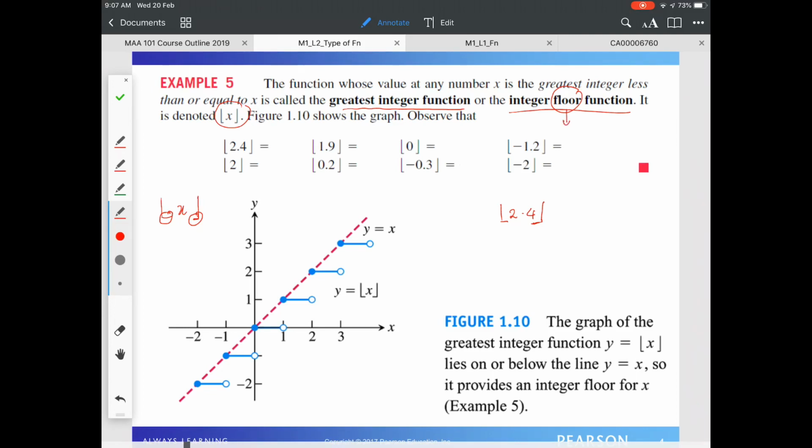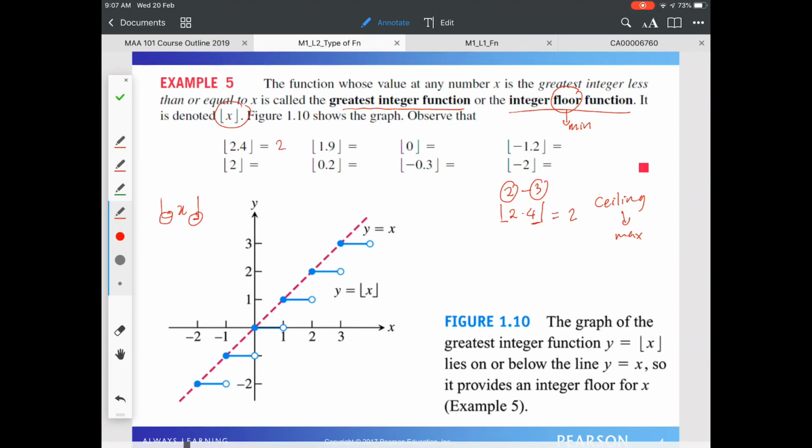Remember, floor is minimum, as opposed to ceiling, which is the maximum. Floor means that we are considering integers. So 2.4 is between 2 and 3. The minimum is 2 and the maximum is 3. So for 2.4, if we take the floor, you will get 2, because it's the minimum.